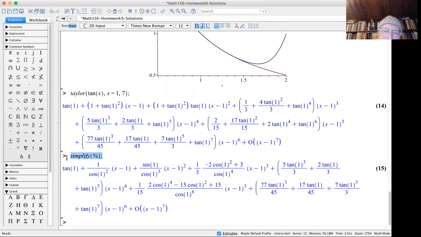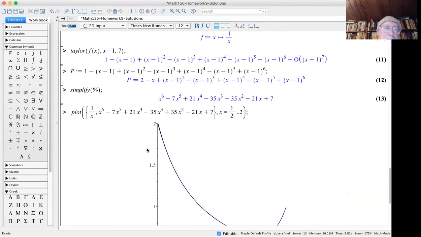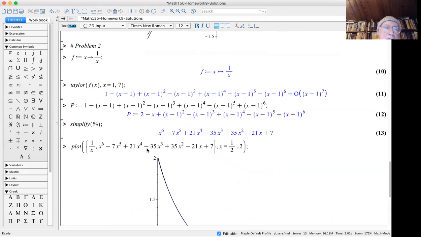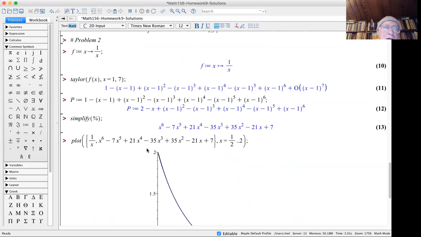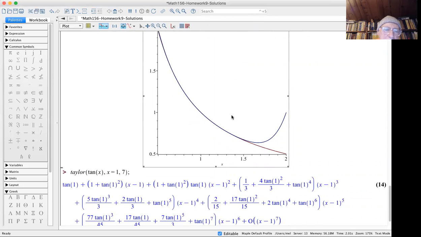It's not really any simpler, so let me take it up. Okay. And so this was the Taylor polynomial for 1 over x. And this was the Taylor polynomial.